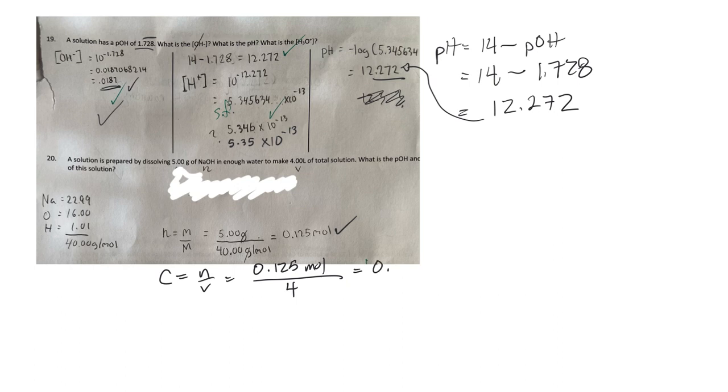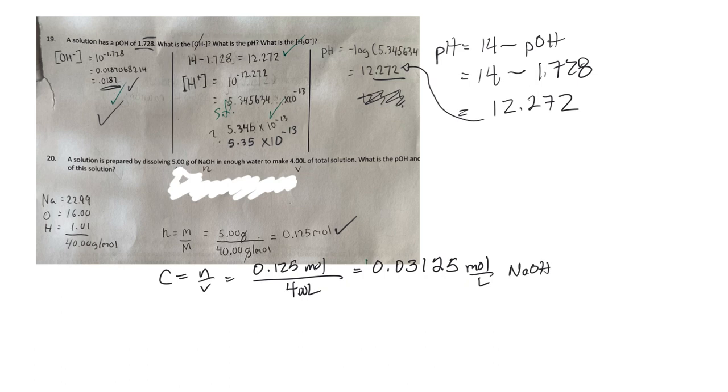So that'll come out to 0.03125, I think, moles per liter. That's liters. I should have kept the 4.00 there. Okay, so that gives me moles of sodium hydroxide.